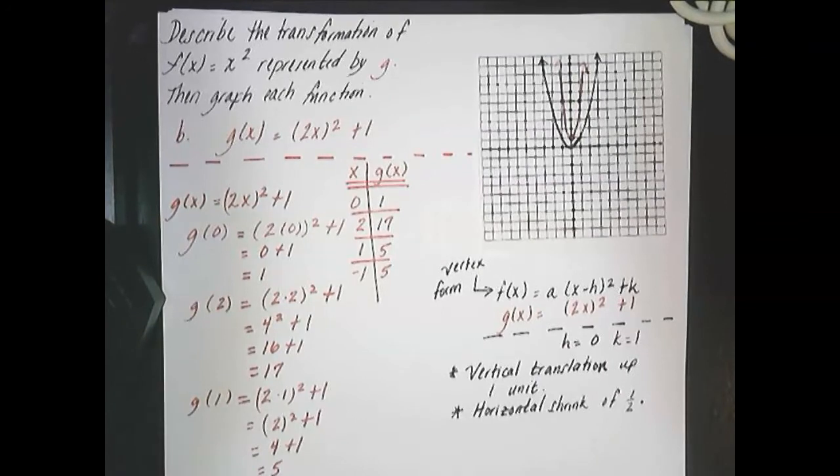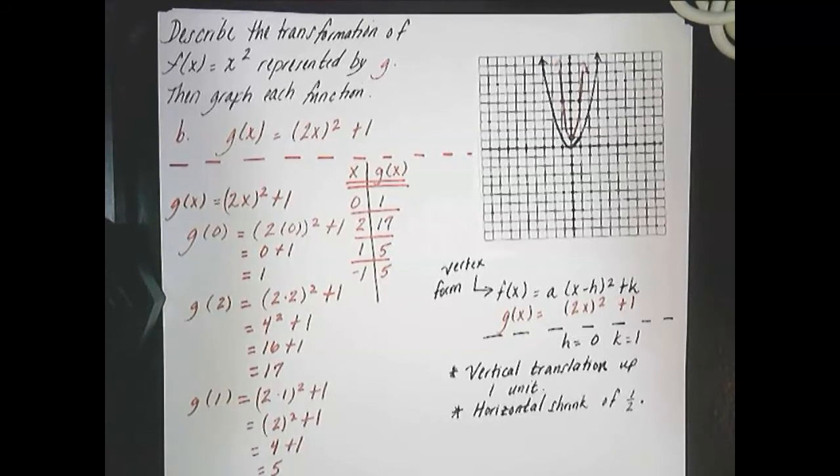So it is a horizontal shrink, meaning we squeezed our arms horizontally, but a horizontal shrink looks like a vertical stretch. Keep that in mind. We don't do a whole lot with horizontal stretches and shrinks. So that concludes example 2B.